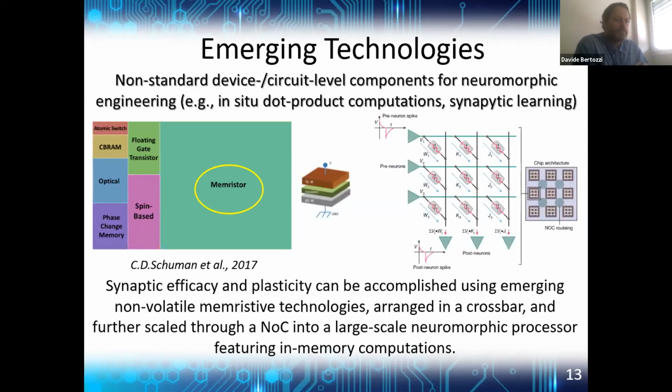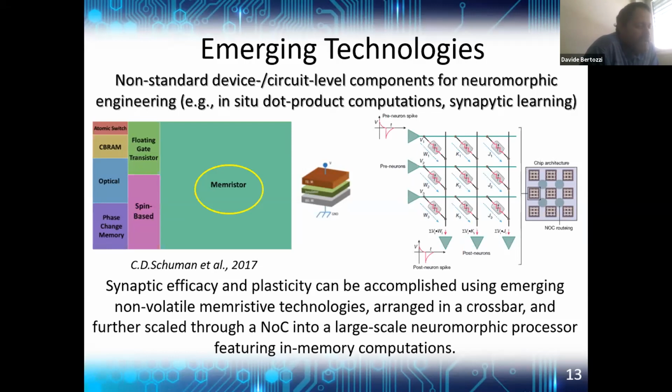As an example, the most common use of a memristor in a neuromorphic system is to build a memristor crossbar to represent the synapses in the network. These are memristors, and this is a memristor crossbar, and they represent a synaptic network.